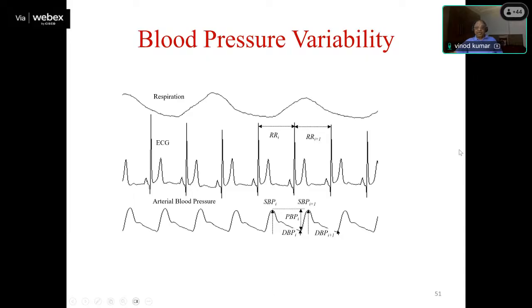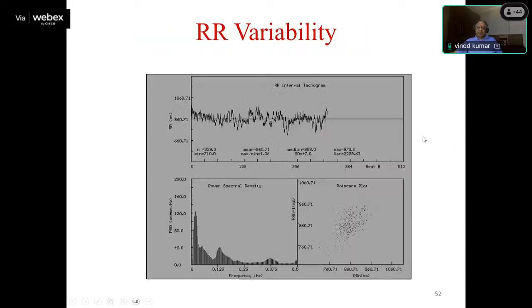That is where we extended our study to the respiratory signal as well as the blood pressure signal: systolic blood pressure, diastolic blood pressure, as well as mean blood pressure.